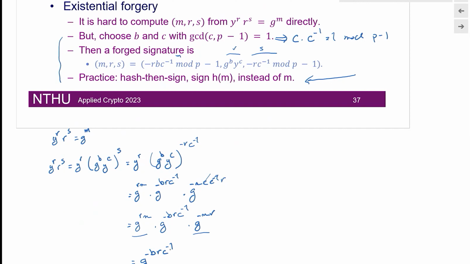So we compute something and then we get that the hash of the message equals minus b r c minus 1, if we were to use a hash function. Then we know that computing the inverse of the hash is another hard problem.